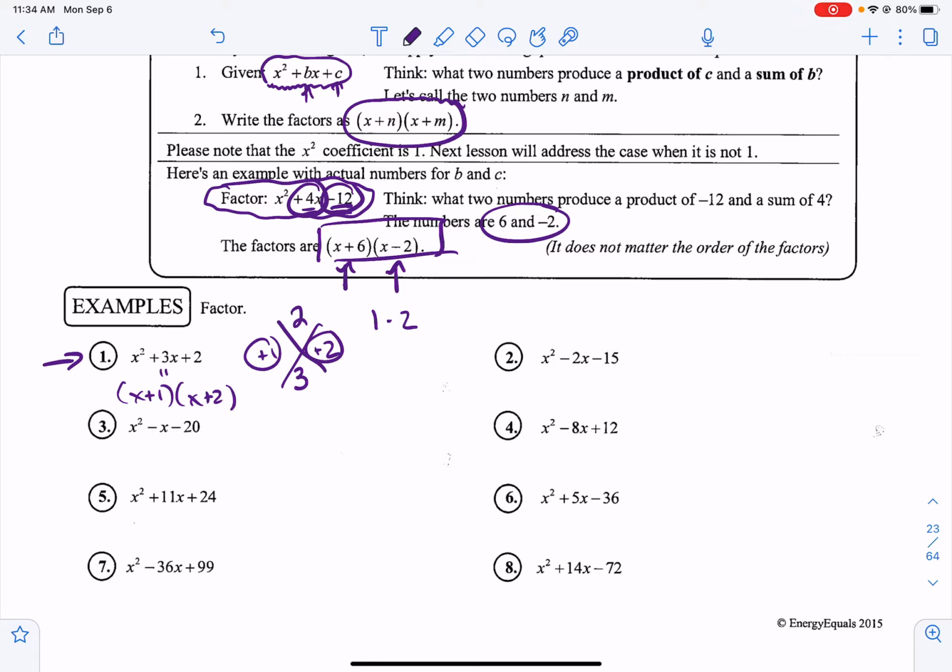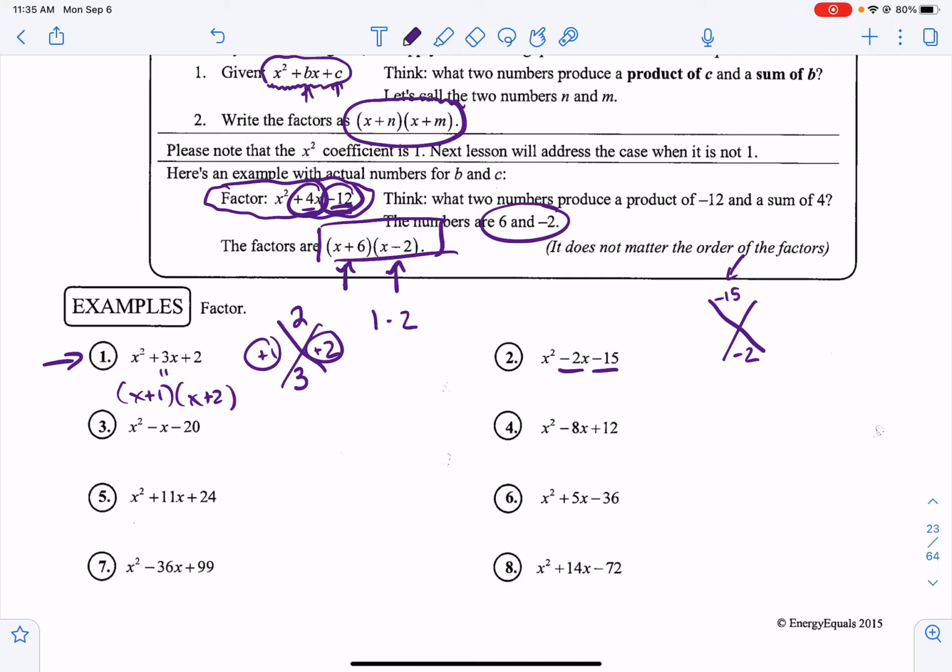Now, number 2 is going to require a little bit more number sense than number 1. Number 2, I'm going to draw my x, and I'm looking for 2 numbers that multiply to be negative 15 and add up to be negative 2. Now, here's where the number sense comes in, because before I start picking numbers, if I look at the top, negative 15, that's 2 numbers being multiplied to equal a negative.